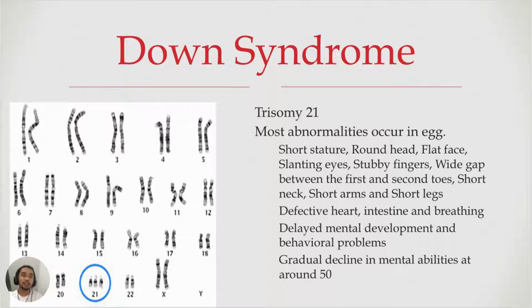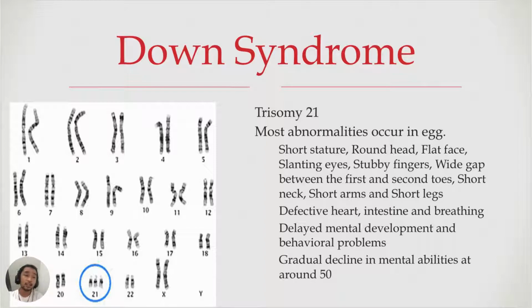Of course, with Down syndrome, if we look at the karyotype of an individual with Down syndrome, the problem is located in the 21st chromosome. That's why it is called trisomy 21, meaning there is an extra chromosome in number 21.